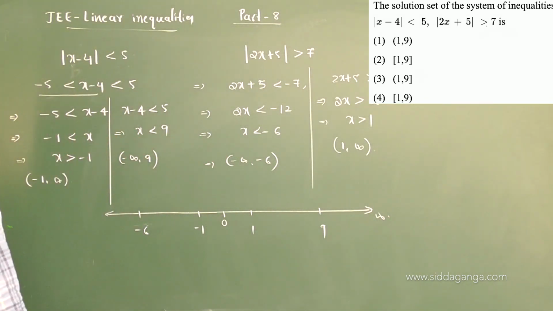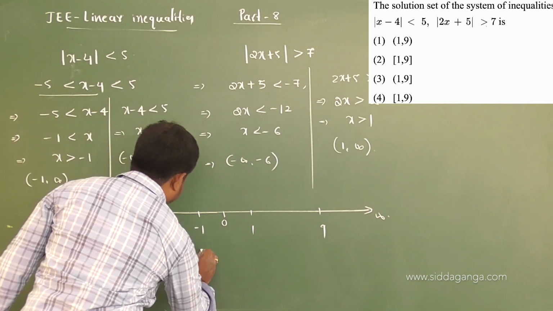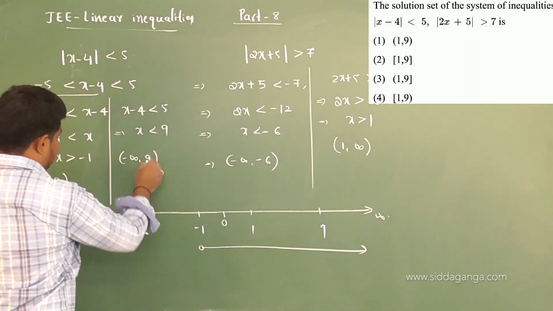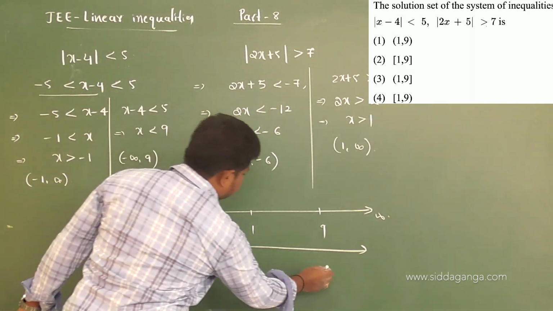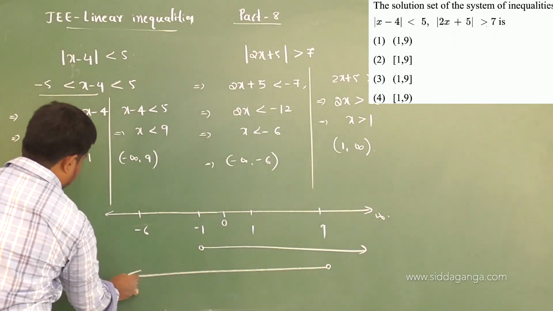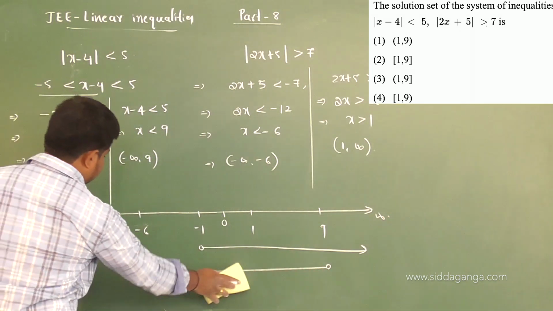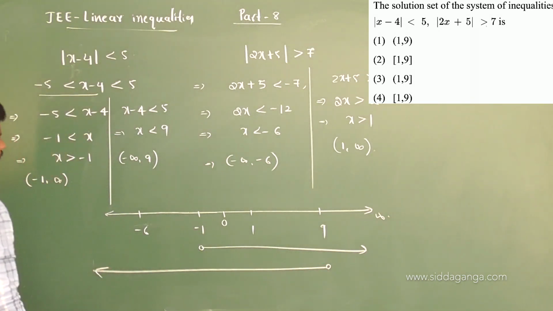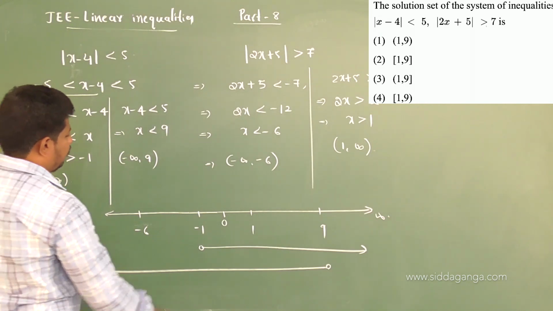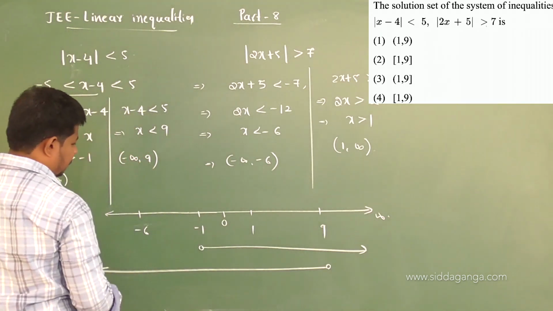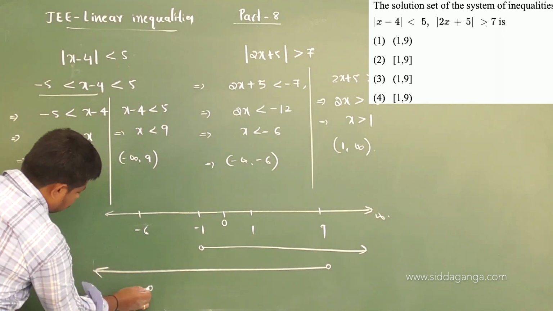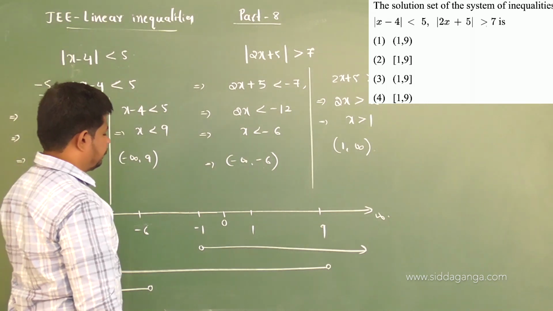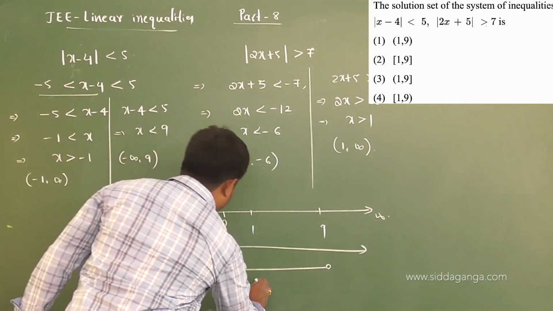Minus 1 to infinity, and minus infinity to 9. Next, minus infinity to minus 6, and 1 to infinity.